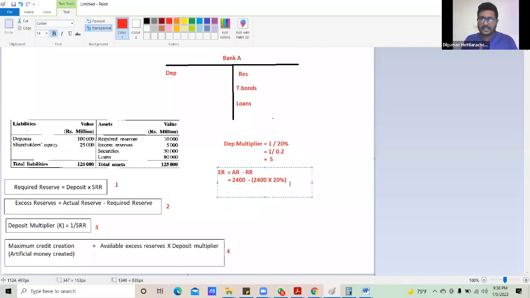So what I have done here is I want to calculate the excess reserves. I put the actual reserve value as the deposited value, and I calculate the required reserve separately, and the difference between these two values will be the excess reserves that this banking system can use to grant loans.